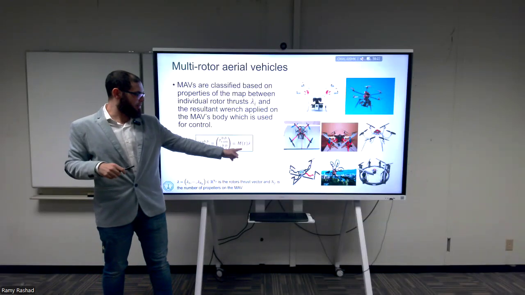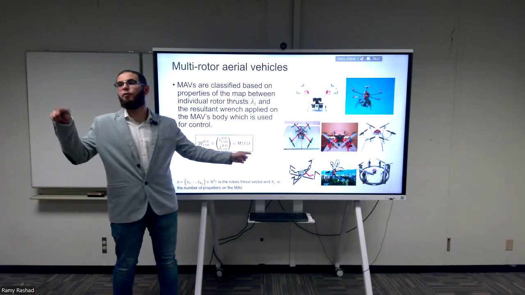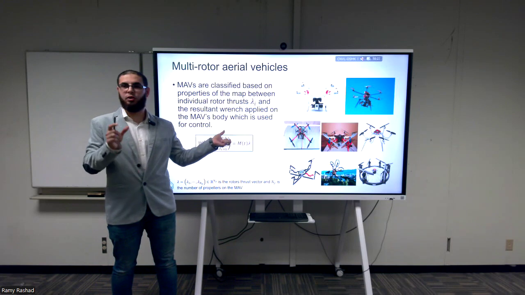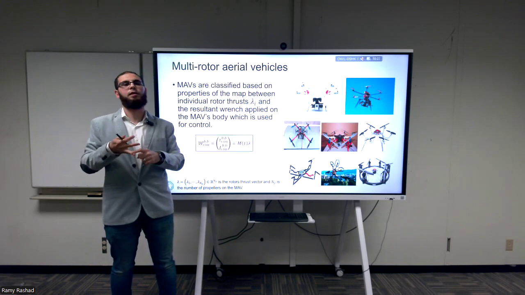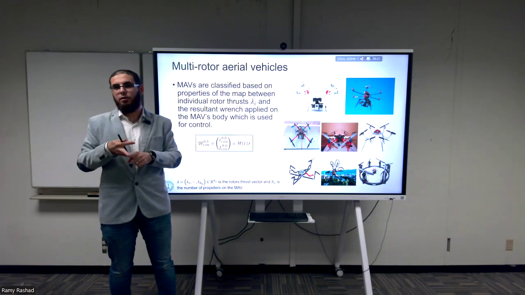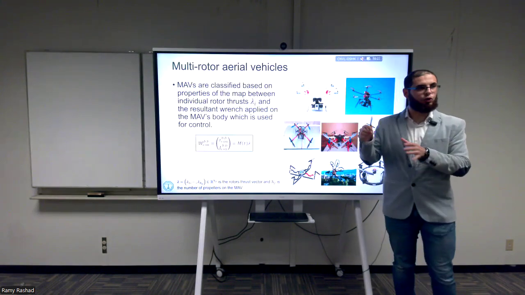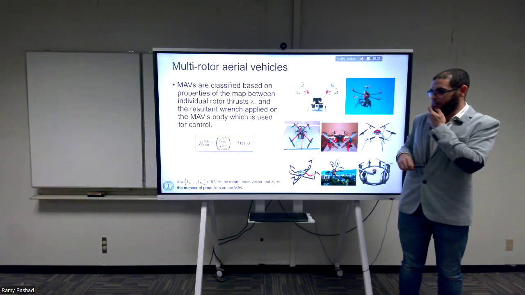So the dimension of this M is simply 6 by the number of propellers that you have. And based on how this M looks, now you can classify whether this is an underactuated, a fully actuated, or an overactuated drone. Usually, how do people control drones?